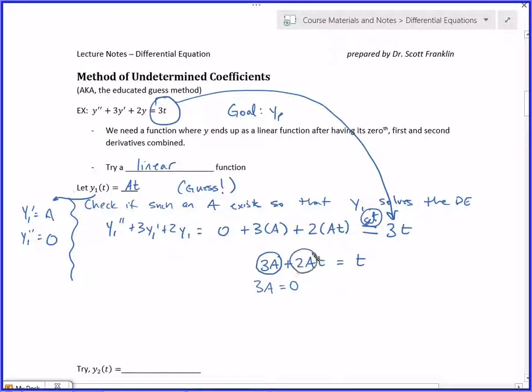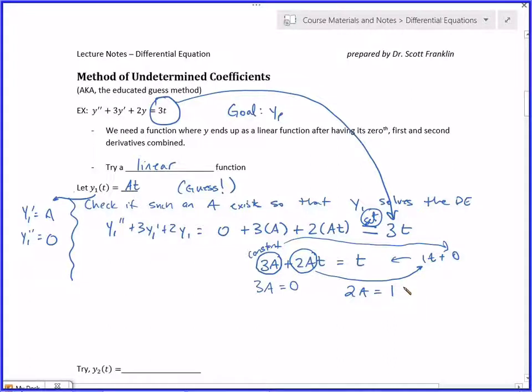Now the linear term, by the way, this is like 1t plus 0 is what I'm thinking of it as. As a polynomial, every degree power is there. So this constant has to be set equal to that 0 right there. Now this one's going to have to be equal to that 1. So I'm going to have 2a equals 1.